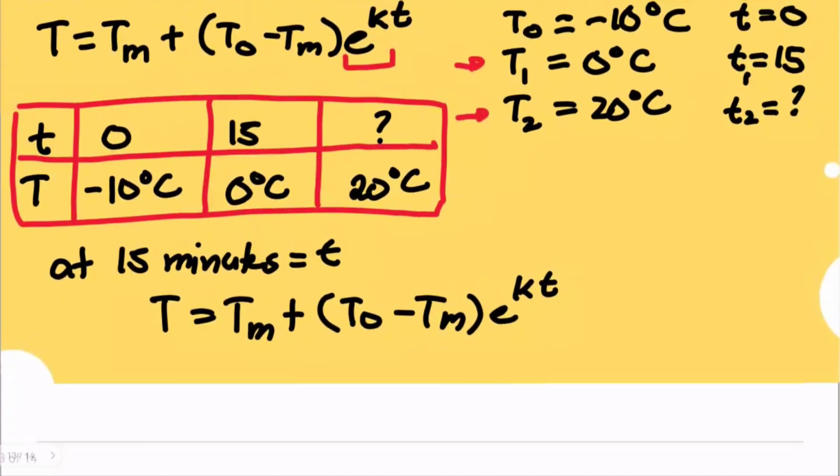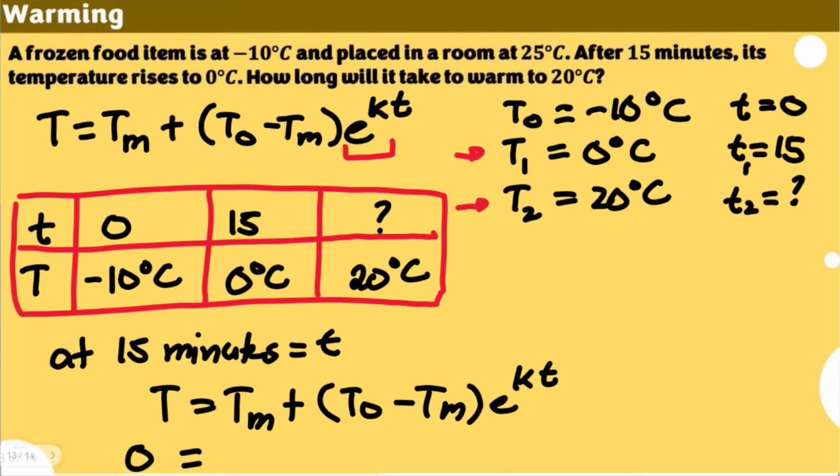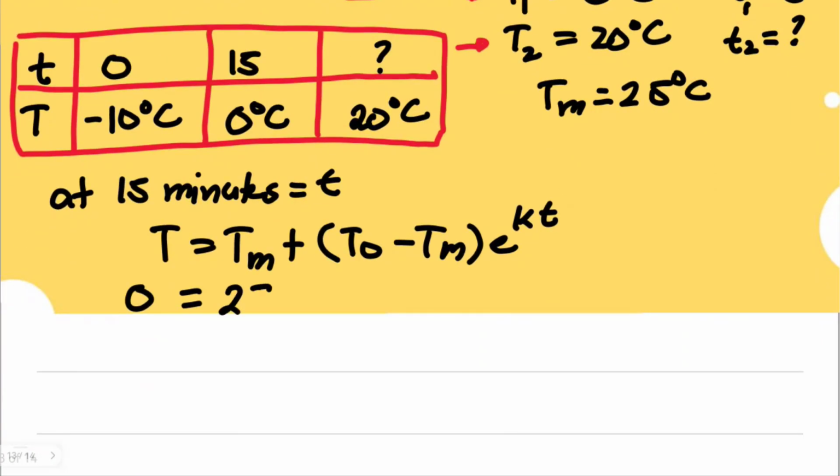Take note that at 15 minutes, this is actually 0 degrees Celsius. Let's just simply use 0. Then this is equivalent to the ambient temperature, our T sub m, which we were not able to emphasize. That's actually 25 degrees Celsius. Let's just simply use 25.